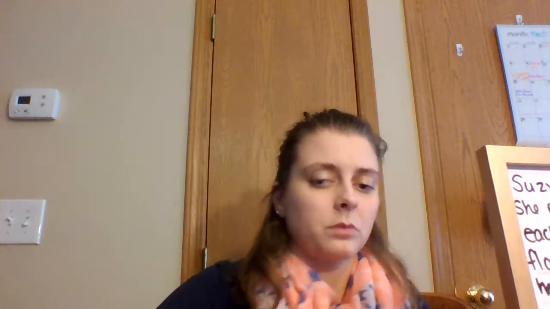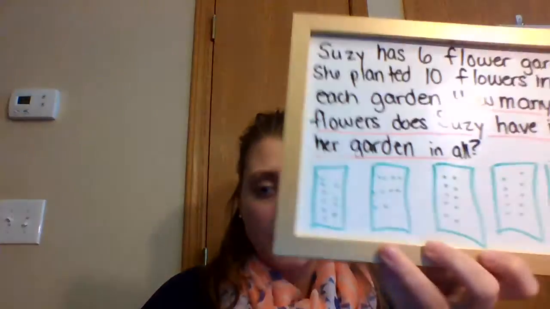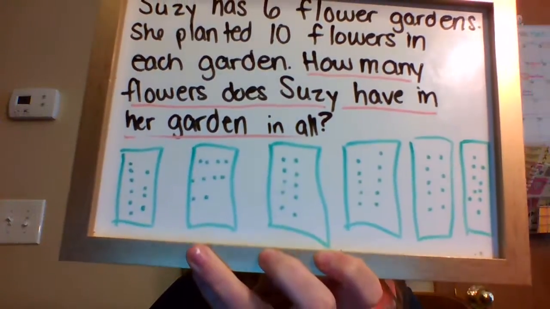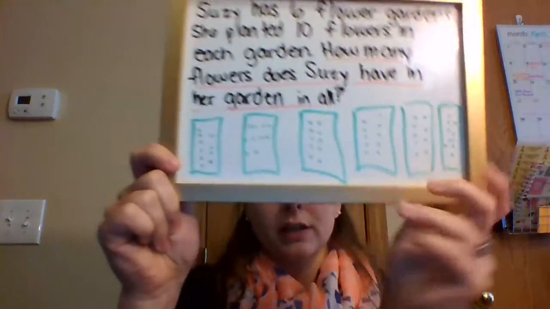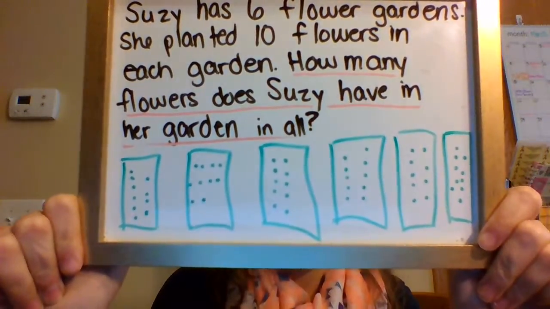What does this problem look like? Some of you might say it looks like equal groups. Some of you might say it looks like I drew some arrays.